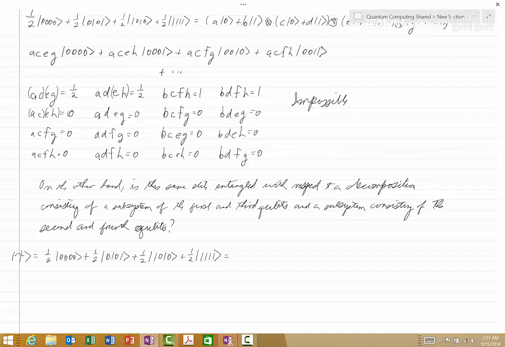In other words, for the subsystem containing the first and third qubits, we would have something like A times |0_1 0_3>, and I'm putting those subscripts to help us keep track of where these will end up in our final expression.